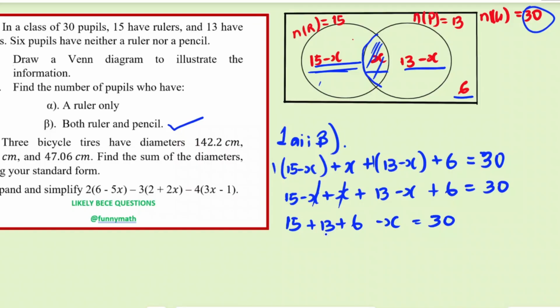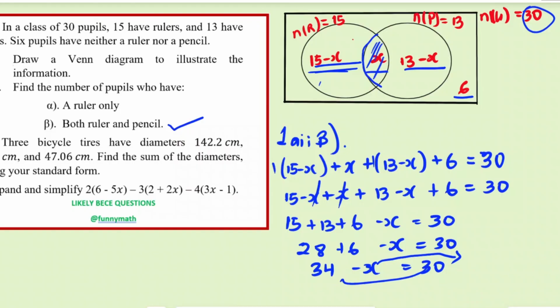15 plus 13, that's going to be 28. 28 plus 6 minus x equal to 30. So 28 plus 6, what are we going to get? We are going to get 34 minus x equal to 30. We want to find the value of x, so I can just take this x to this side so that it will become positive, and I'll bring this guy here.